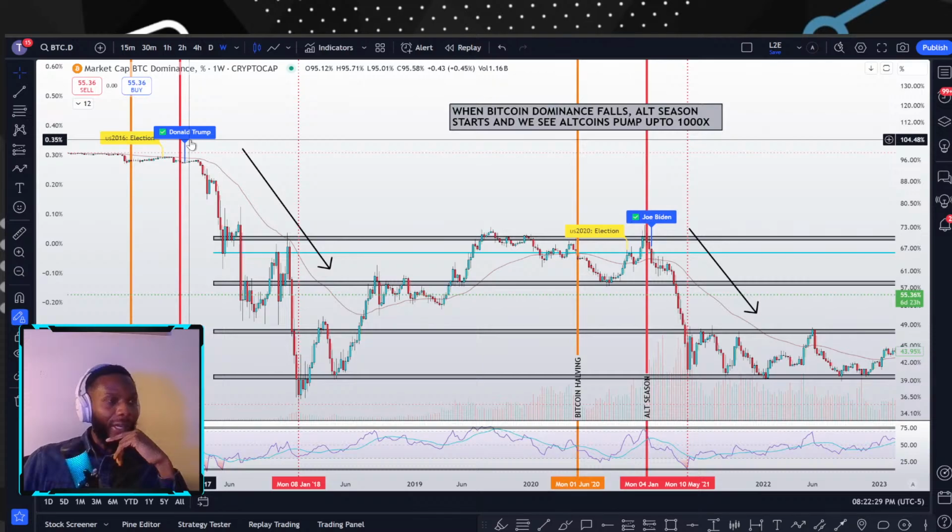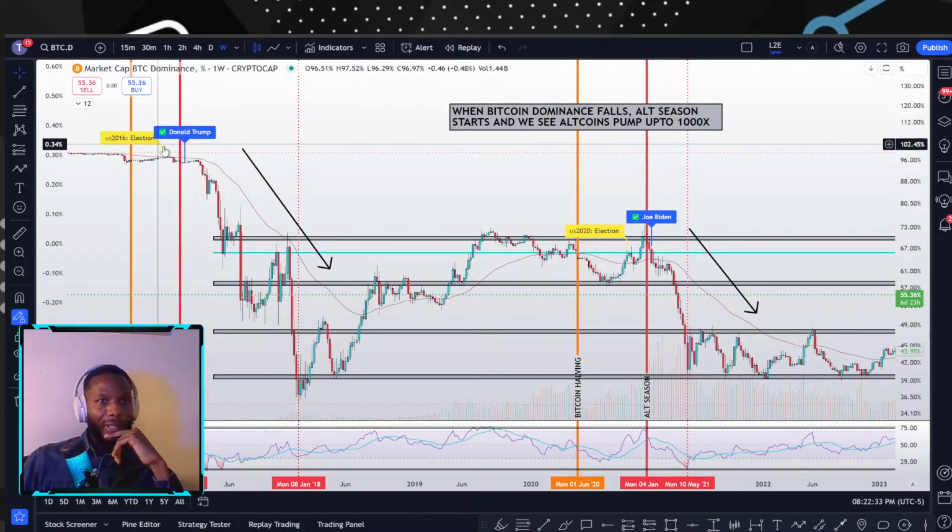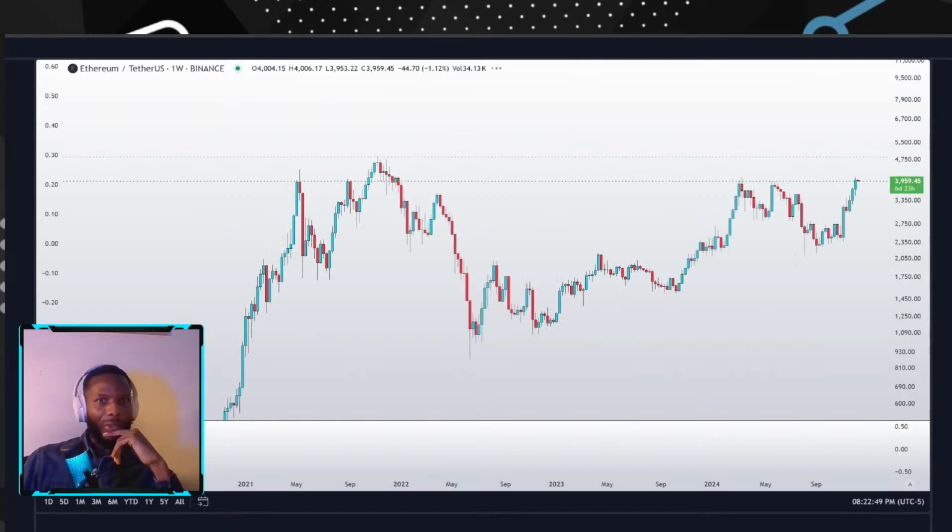And that's when Donald Trump first became president. And shortly after, from January 2017, Bitcoin dominance fell. And then let's duplicate this chart so I can show another one.